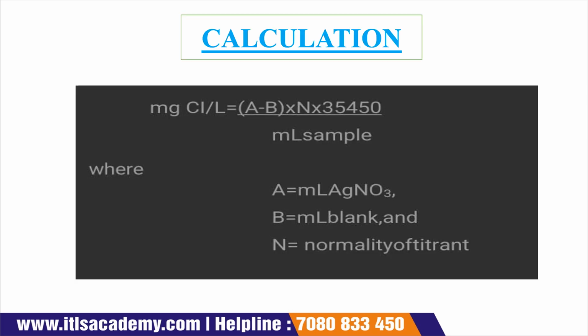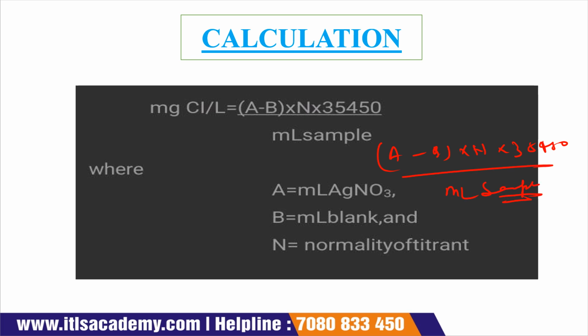Now the formula: milligram of calcium per liter is equal to (A minus B) multiplied by N multiplied by 35450, divided by ml sample.